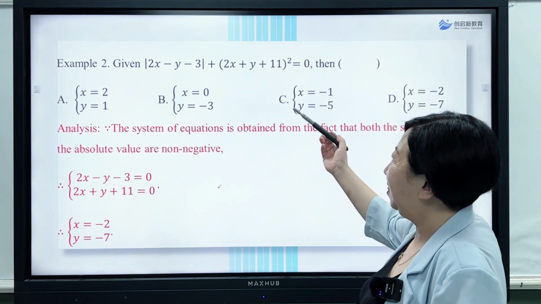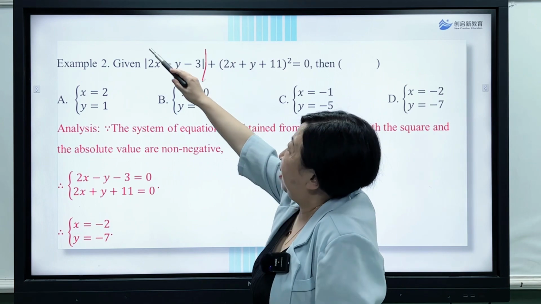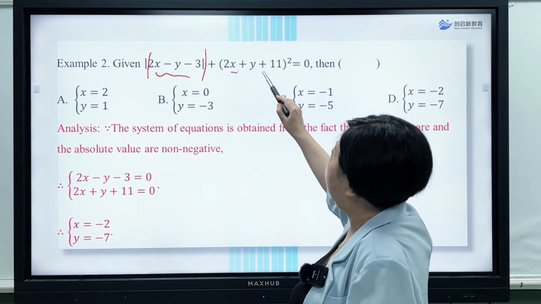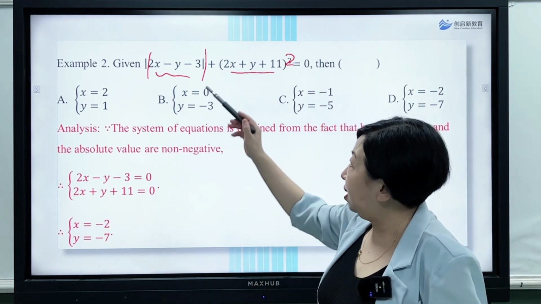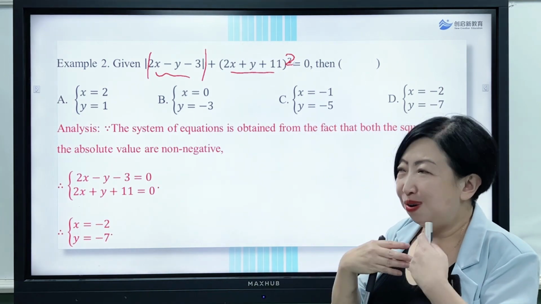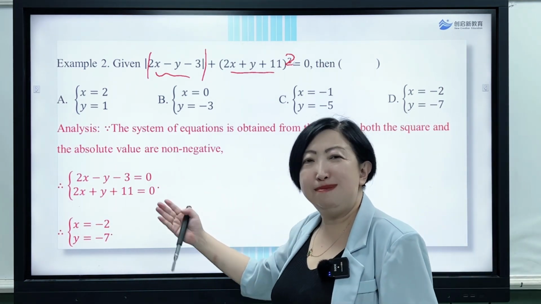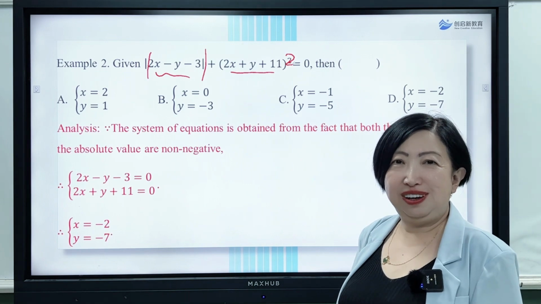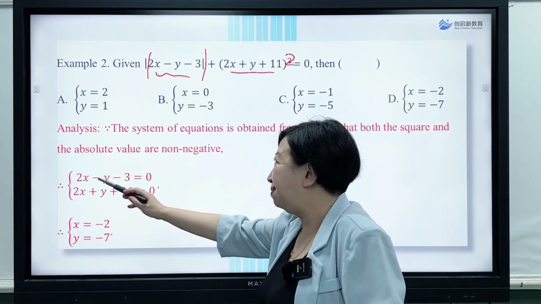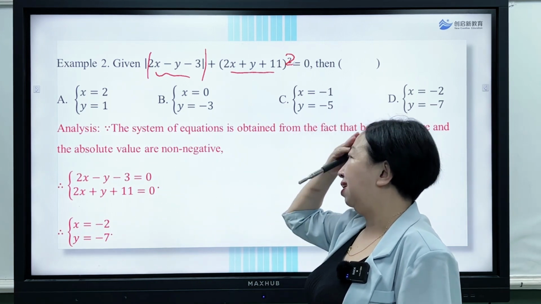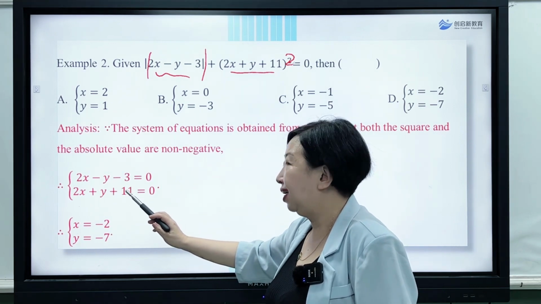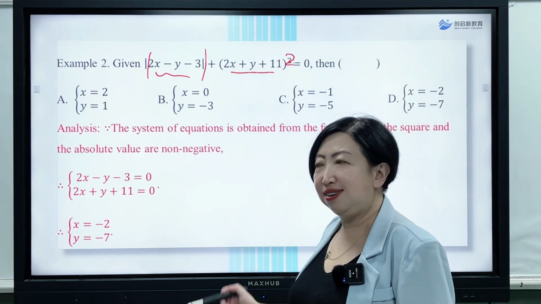Okay, the absolute value must be greater than or equal to 0, and the square must be greater than or equal to 0. So they are both 0. Then 2x minus y minus 3 equals 0, and 2x plus y plus 11 is 0.